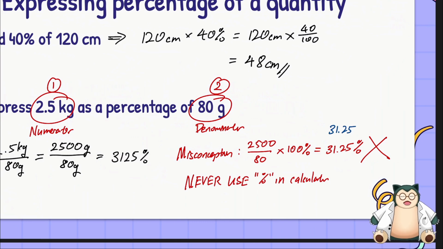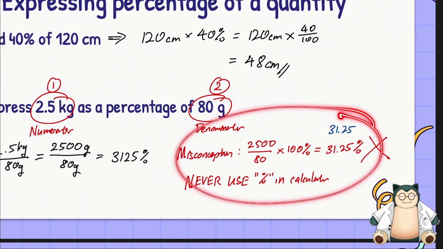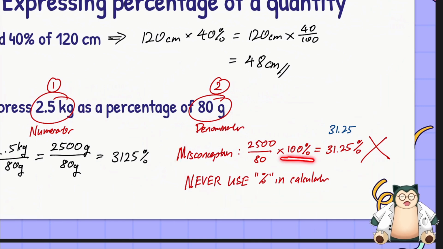That's where most people misunderstand. So don't ever fall into this pitfall of just blatantly using this in your calculator, but instead multiply by 100 without the percentage symbol, and then use that value on your paper with the percentage symbol added after it. Is that clear?